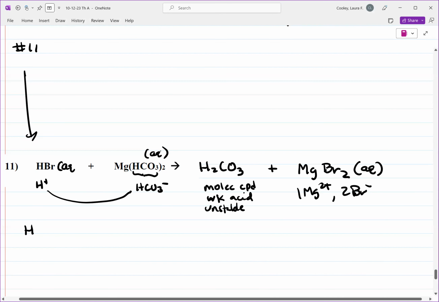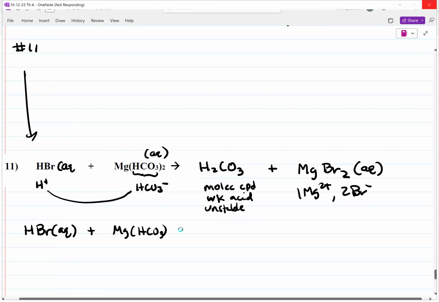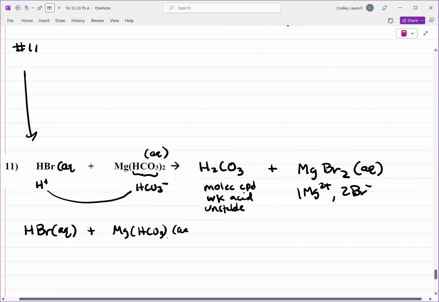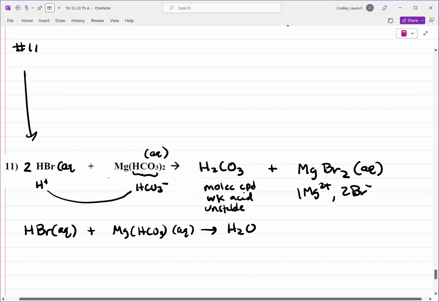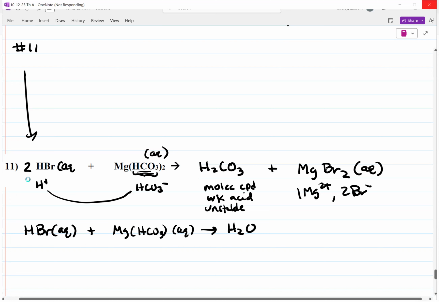So we have as a final answer, well, without balancing, I haven't looked at that yet. H2O. Actually, let's balance it first. We need to put a 2 here, right? Because each HCO3 minus needs an H plus, and there's 2 of them. So we'd have to put a 2 there. Also, there's Br2. So there's 2 reasons to put a 2 there.